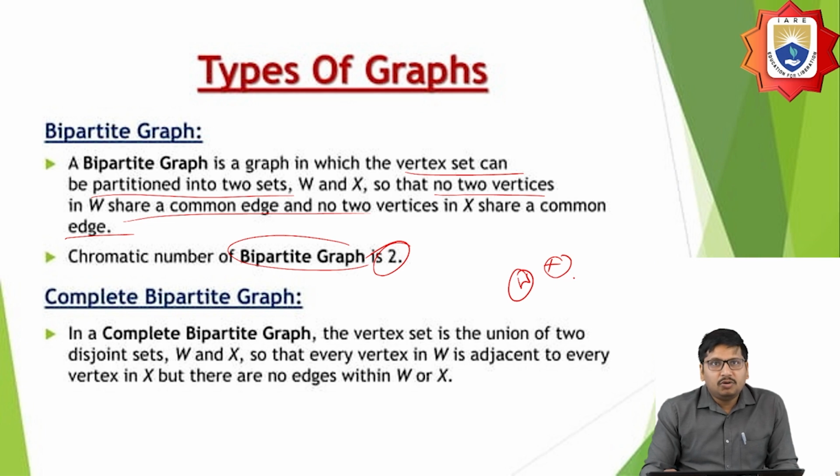So the chromatic number of a bipartite graph is 2.